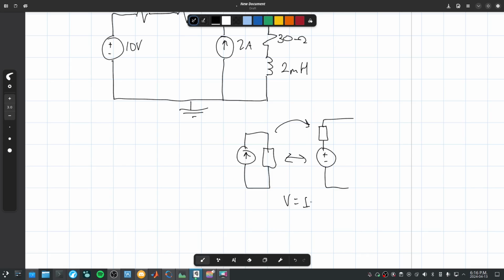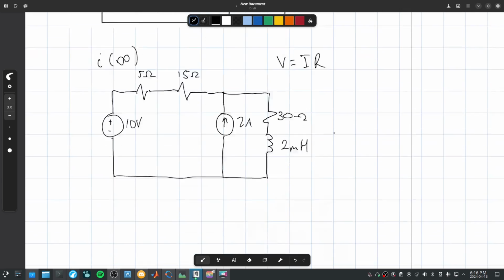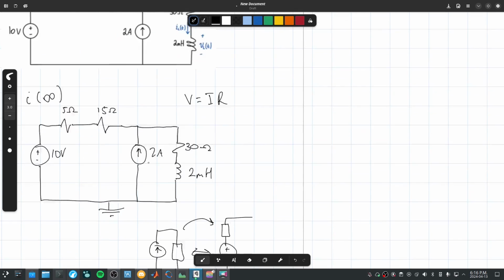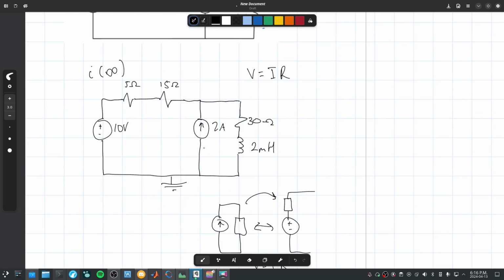So using V equals IR, the current is 2 amps, and the resistance is 30 ohms, right? Because at this point, the inductor has been going on forever. It becomes a short circuit. I probably should have covered that.